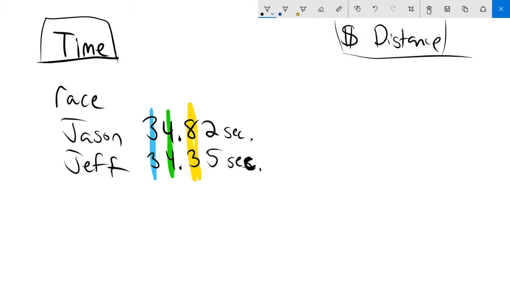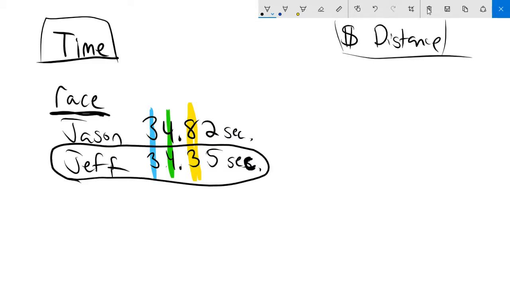So when we're looking at races with time, and I ask you who won the race, it's the opposite. We're looking for the person with the least amount of time. That's the person who wins a race. So between these two people, the person with the smallest time is the person who won the race, because in a race, you want the least amount of time.